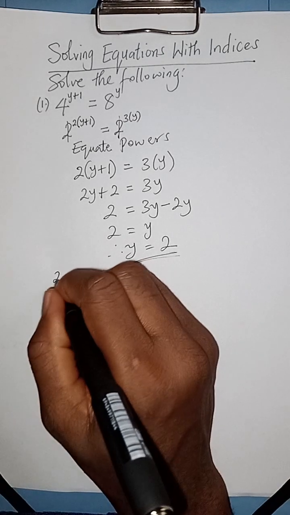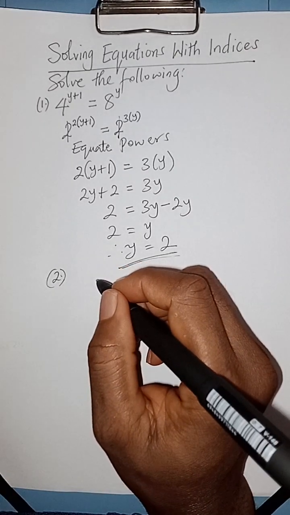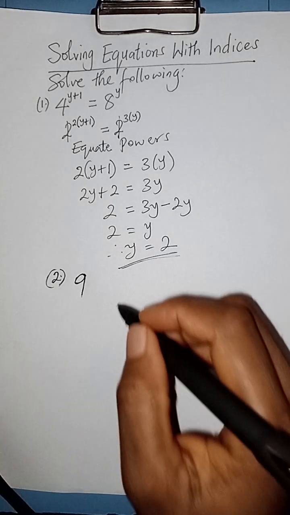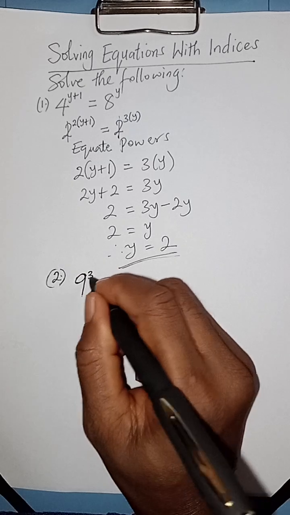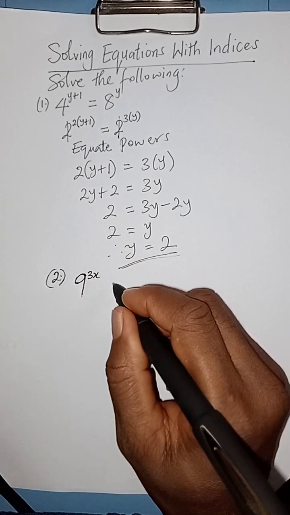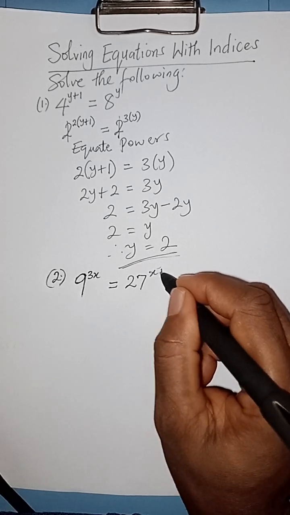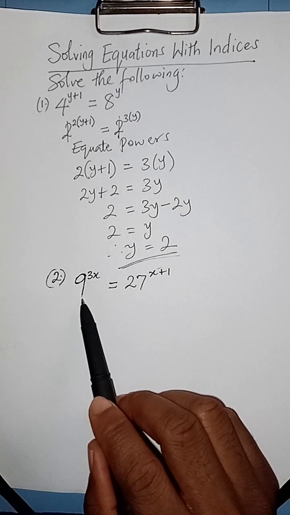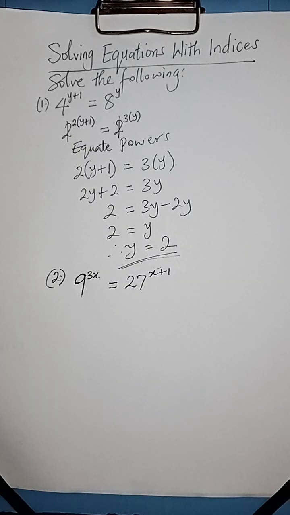Let's try number 2. I have 9 raised to power 3x equal to 27 raised to power x plus 1. So again, the same procedure as number 1. You're going to express the base at your left hand side and at your right hand side to have the same base.